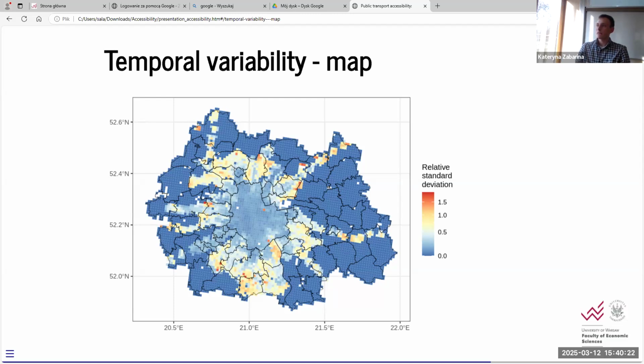So the level of frequency of public transport departures varies across the day more in the suburbs, and it might suggest that the public transport budget in these surrounding communities is lower, so that transport operates more frequently only in those hours when it is needed, which are the morning and afternoon rush hours.